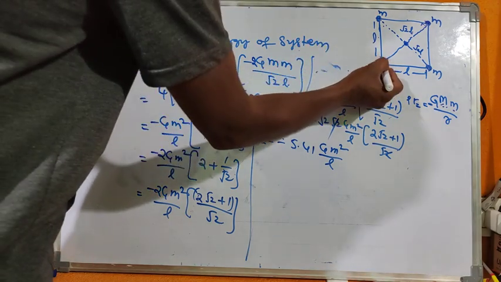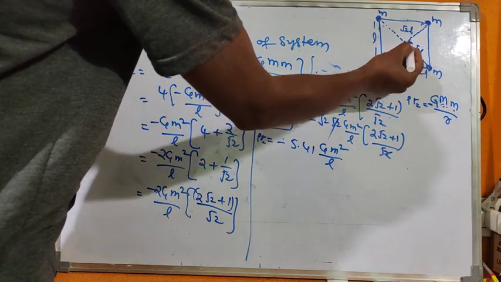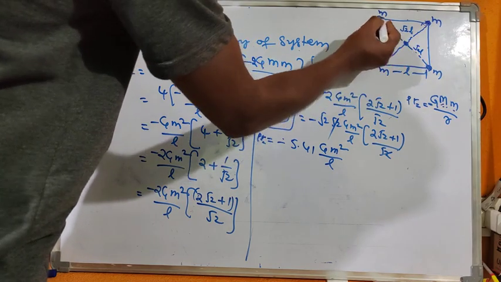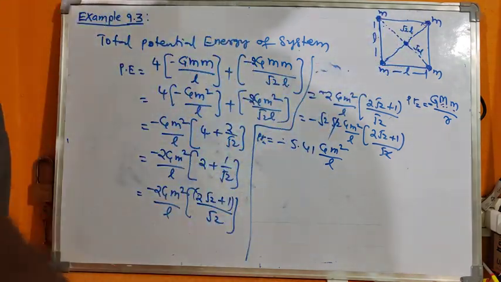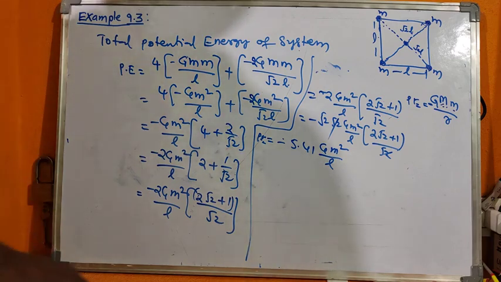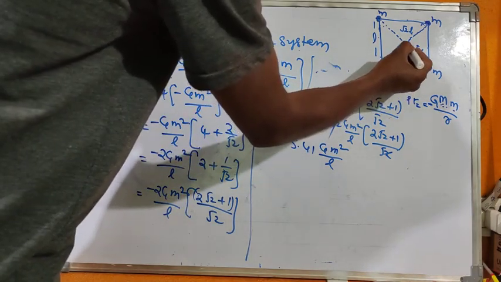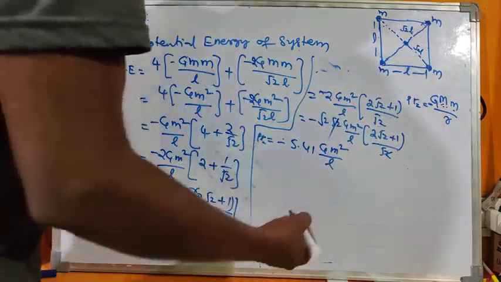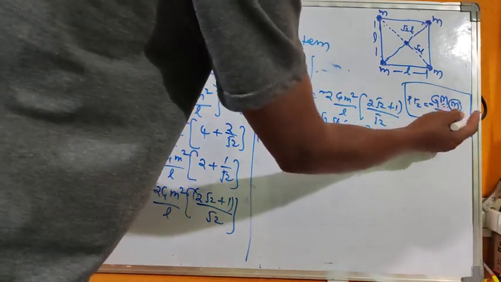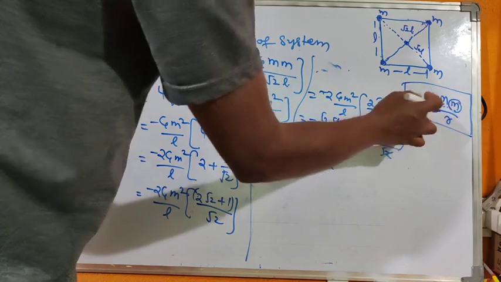By this mass there is some potential here, and by this another potential, by this another potential, by this another potential. There are 4 contributions. Where we want to find the potential, we don't keep the object. Here there is no mass, so in this formula we are neglecting this mass because we are not keeping it when finding the potential.